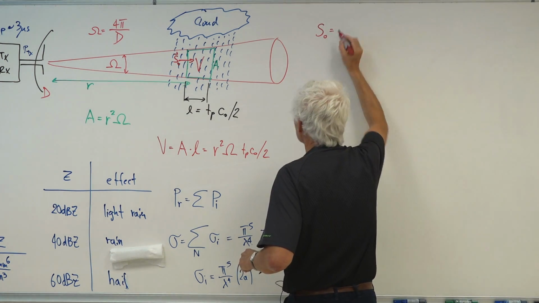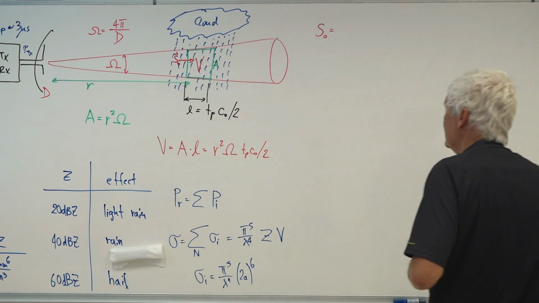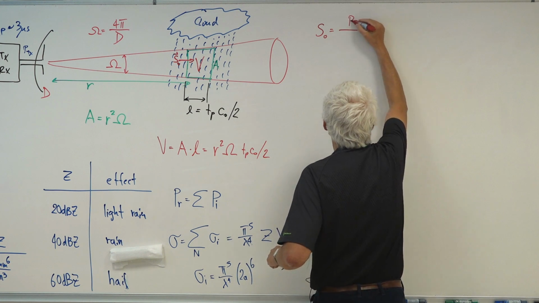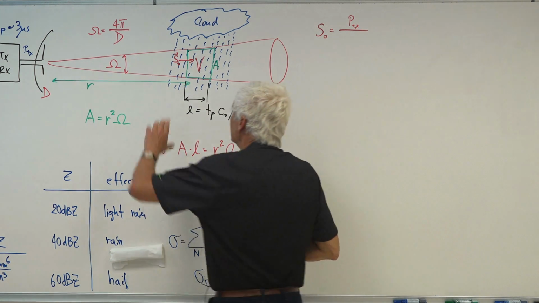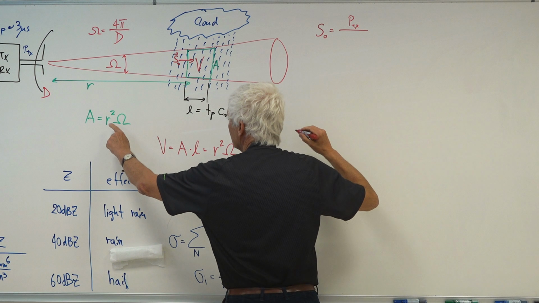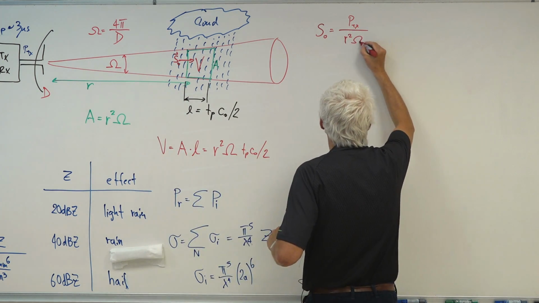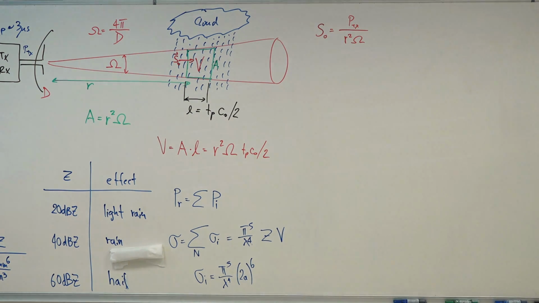We know what X0 is, what is coming from the transmitter: this is the power of the transmitter divided by the area I have here. The area is r squared omega. This is now S0 coming to the area being analyzed. And omega is given, of course, by our antenna.